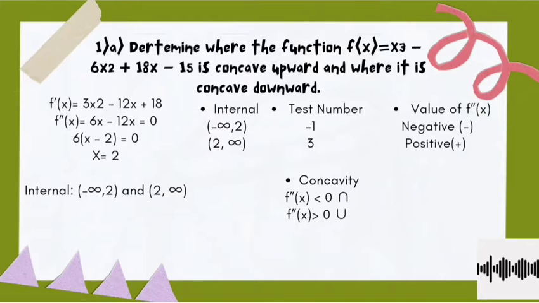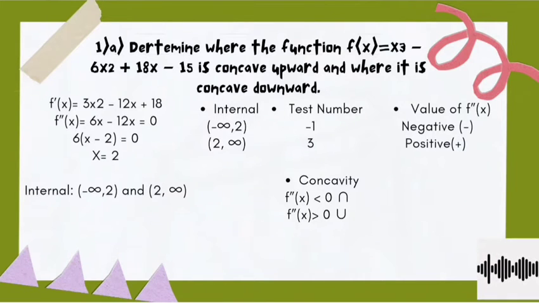First, we list down the intervals and select a test point in each interval. Then we substitute them into the second derivative function and we get a negative value and a positive value. The negative value means that the function is concave downward, meanwhile the positive value means the function is concave upward.